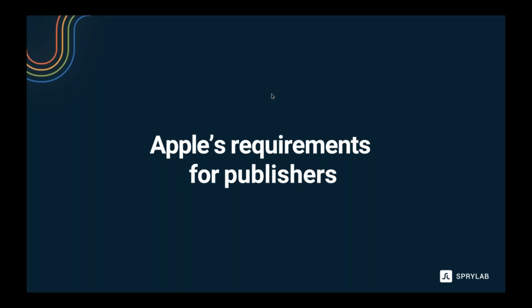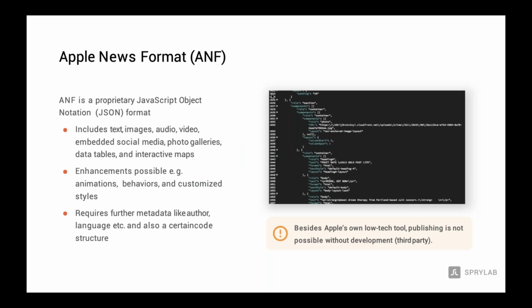If you take a look at the Apple requirements from a technical point of view, they have created a format called ANF. It's a JSON format. It's very techy, but just so you know, included in this format are all these components I just talked about.